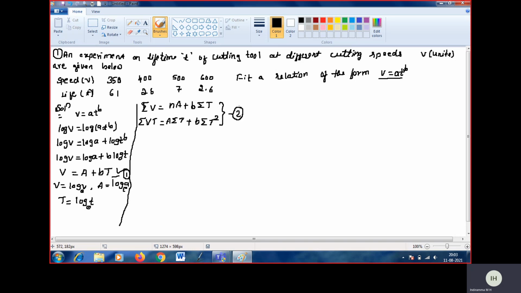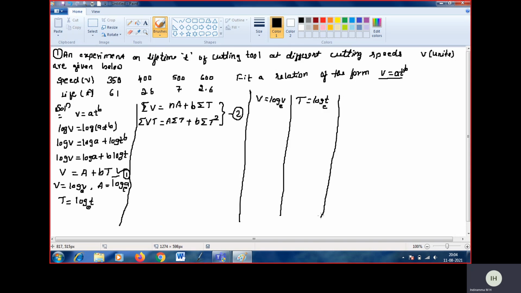Okay, we have to solve these normal equations by substituting the values for summation of V, summation of VT, summation of T and summation of T square. To find that value, we have to construct the table. Okay, so table consisting of I want capital V. Capital V is nothing but log of small v with base e, and I want capital T. Capital T is nothing but log of small t with base e.